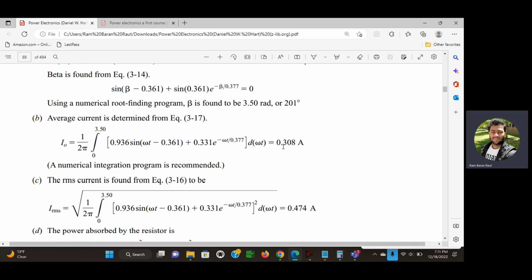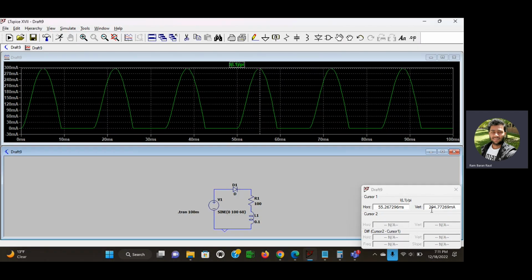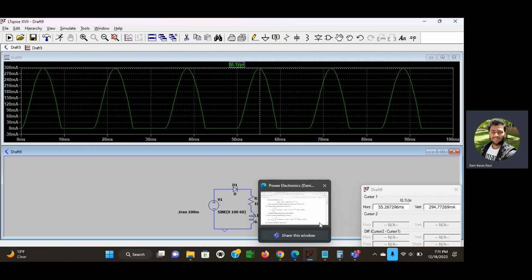They calculated 0.308 amperes as the average current flowing through the RL. How much do we have in LTspice? We have almost 0.295, which is quite close to the calculated value for the average current.